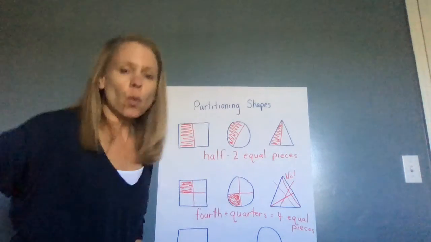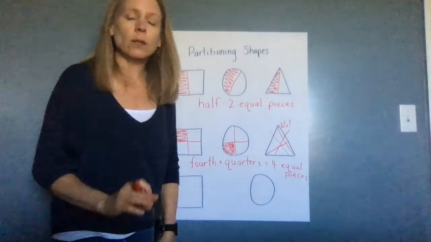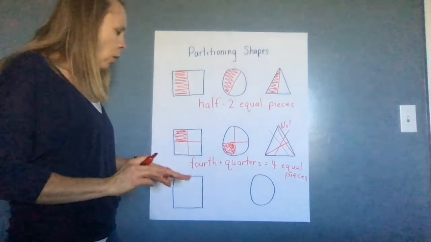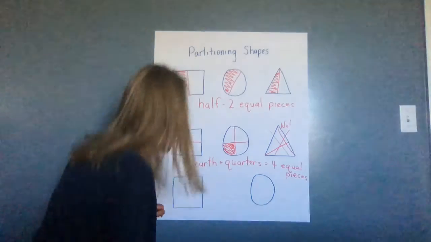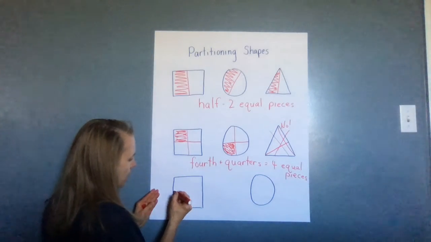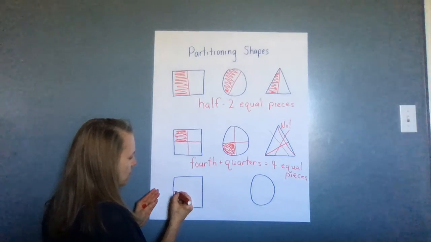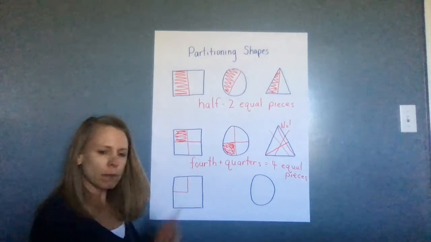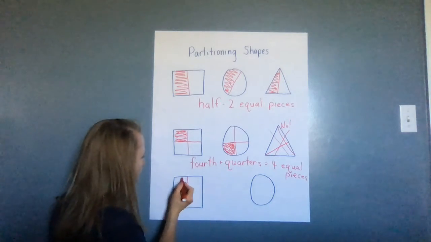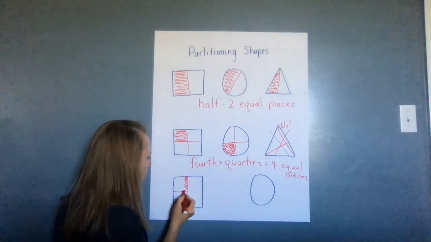Now, when I look at this, and I'm going to turn it down just a little bit, okay? So when I have the square, and I say, this is what I want to show you, it's going to have it looking like this. And it's going to say how much of this square is colored in. It's not going to have the other lines.